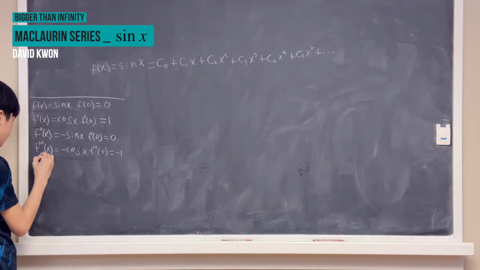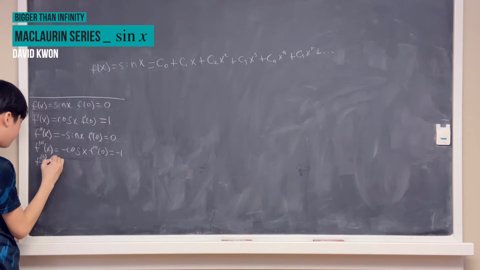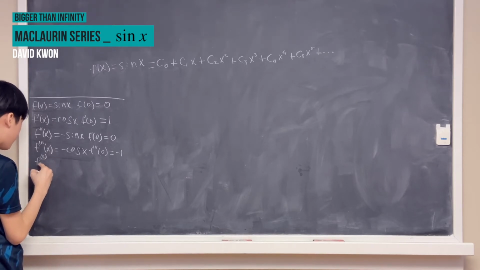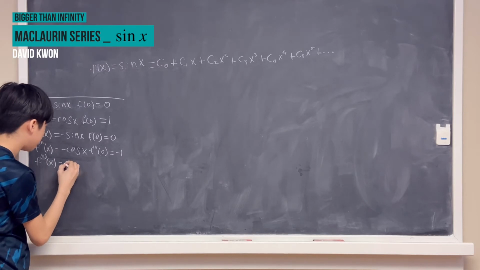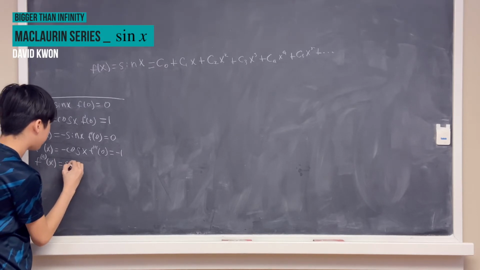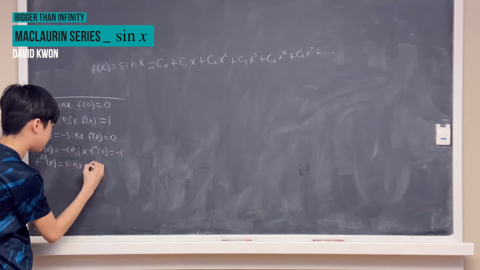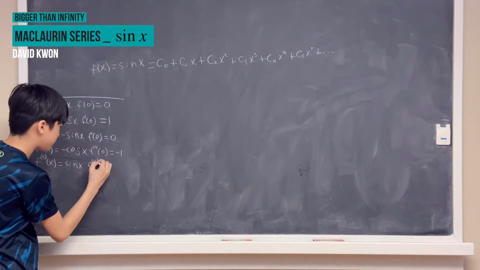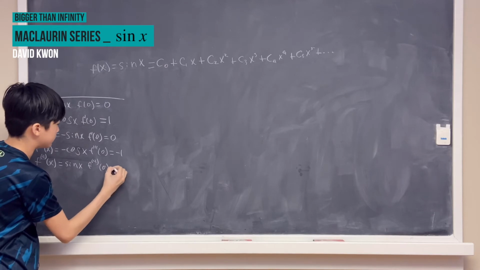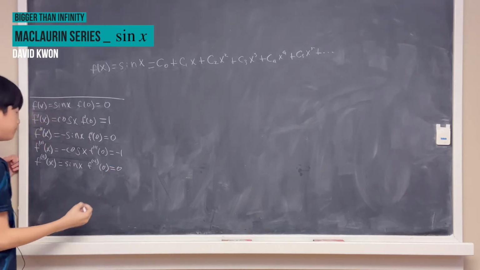And we will differentiate this function again. Actually, no, we will use our number notation. So we have f to the power of 4 of x, which is equal to, back to sin x. So our f to the power of 4 of 0 is 0.